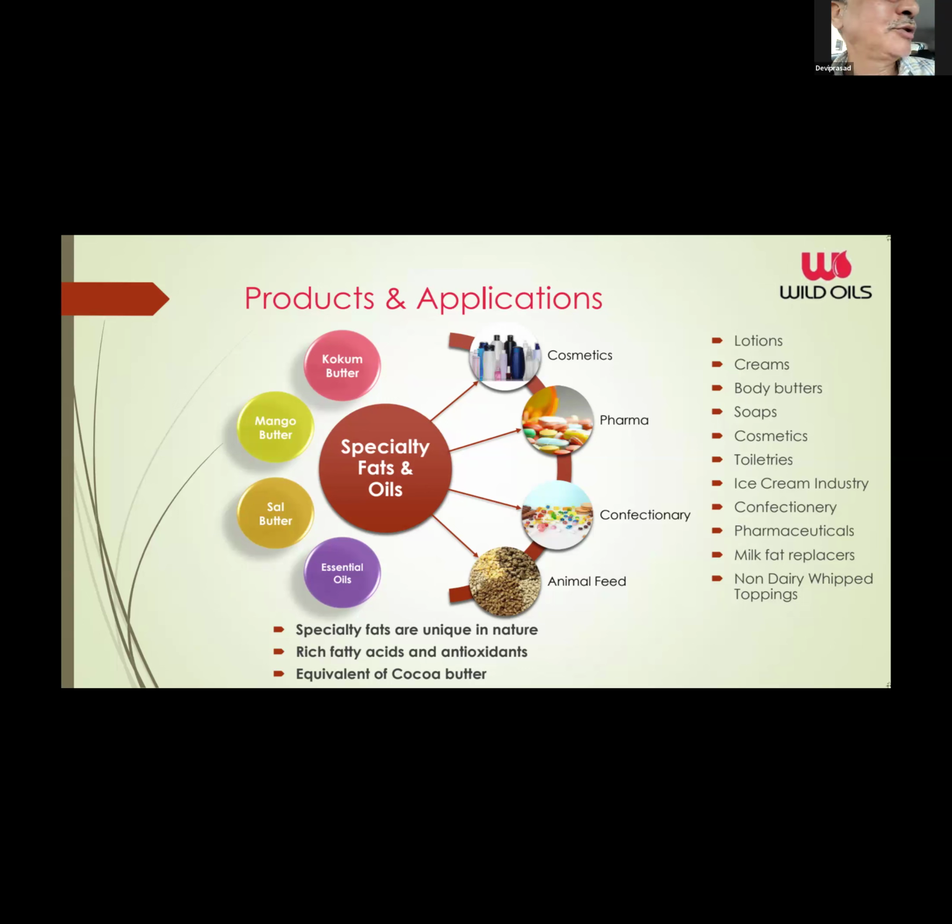Mahua also goes into creams, lotions, and everything. Every body butter or specialty fat is very useful, especially for the skin, and is widely used in cosmetics, skin care products, and hair care products as well.